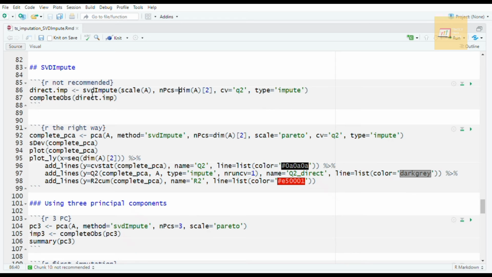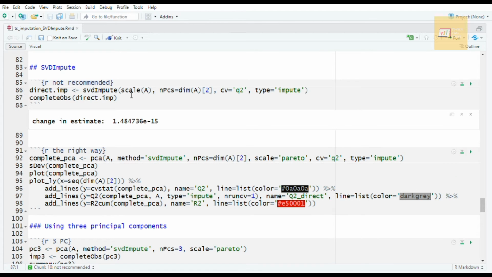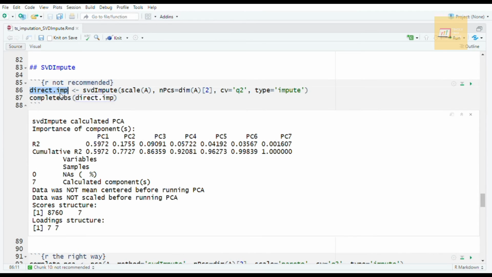Here I showed you the non-recommended way, which is using the SVDImpute function right away. Running this won't give us any error. Let me run this line only. It gives us the change in estimate, which is the total change. It runs the imputation normally with no error. We can even look at the summary of the object, but we won't get the imputed data.